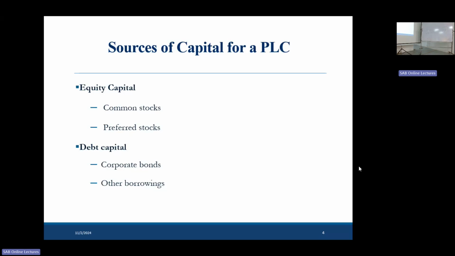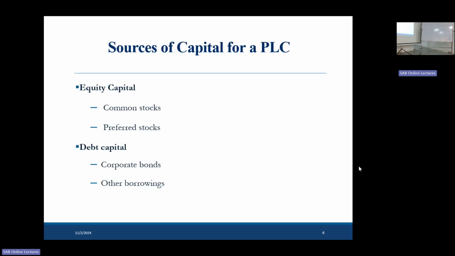The main difference is that debt capital, from the company's point of view, is a fixed cost source of financing, while equity capital is a variable cost source of finance. From the investor's perspective, debt instruments are fixed income securities because you get fixed income: interest and coupons are fixed.